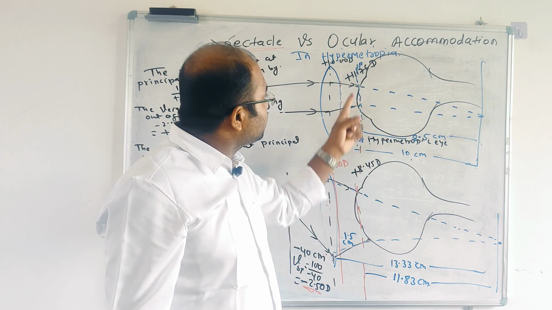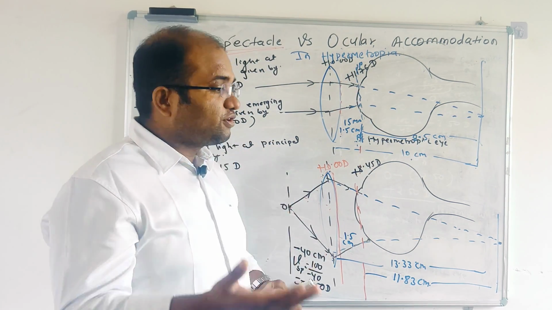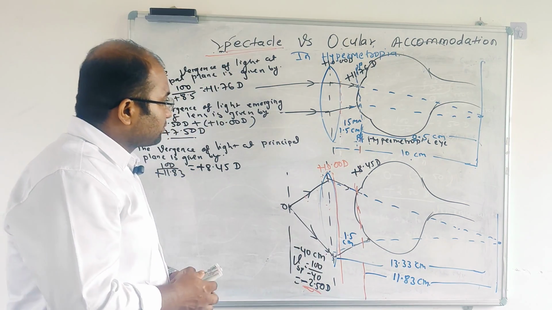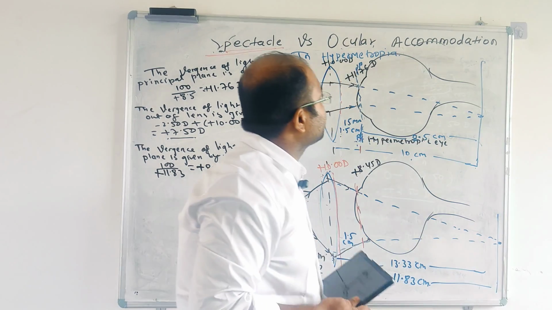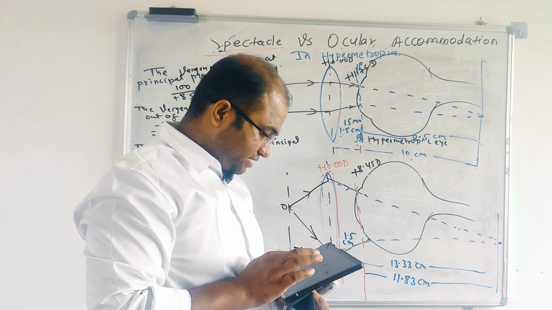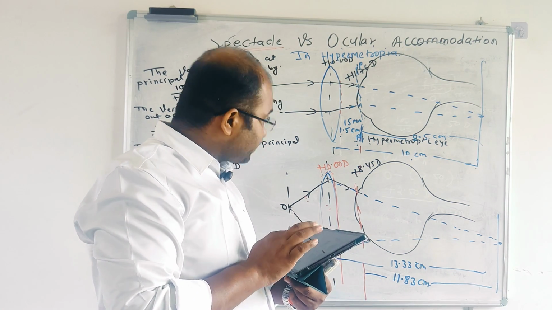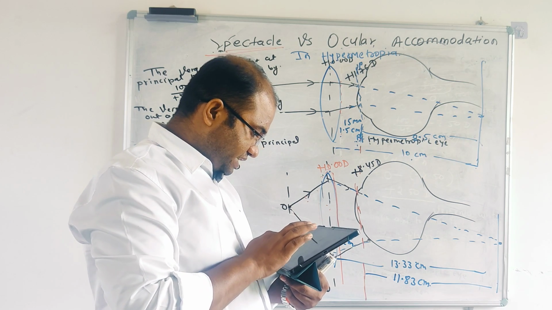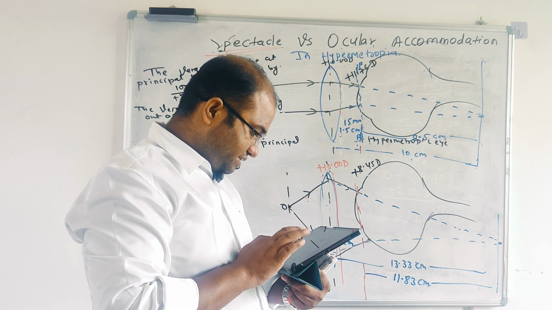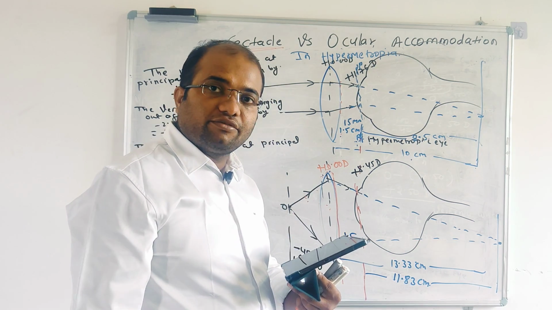That means there is a decrease in the vergence, or decrease in the plus power, or increase in the minus power, right? But by how much? We have to get the difference: 11.76 minus 8.45, you will get 3.31.